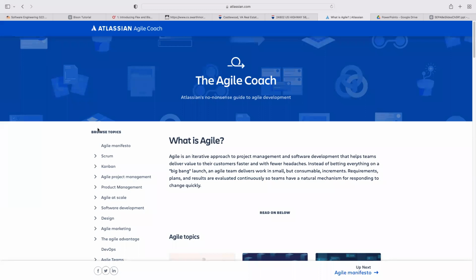So this website, and I've posted a link to it on Moodle, is very interesting. This is what the industry standard is as far as the software and the techniques. This Agile Coach is an interesting resource in that it gives a lot of information, not just about their products, but about Agile development in general.